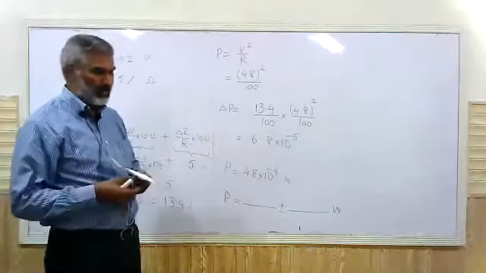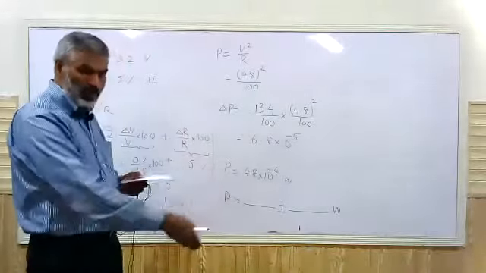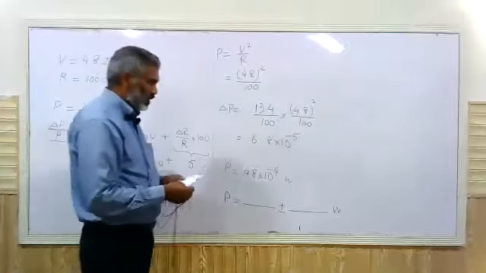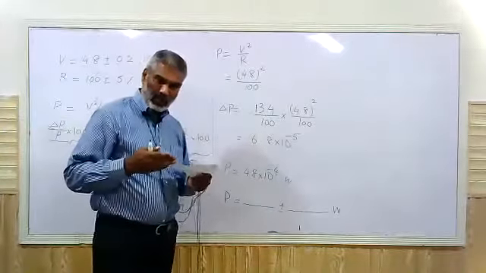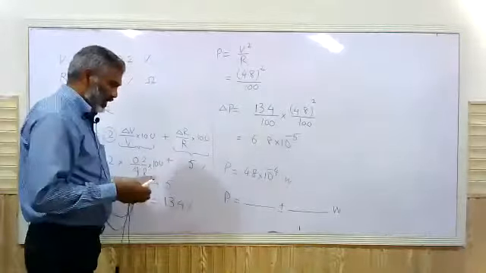Sometimes you have to ignore a digit or two, so there is a consistency of significant figures. This is the point that I need to elaborate on.